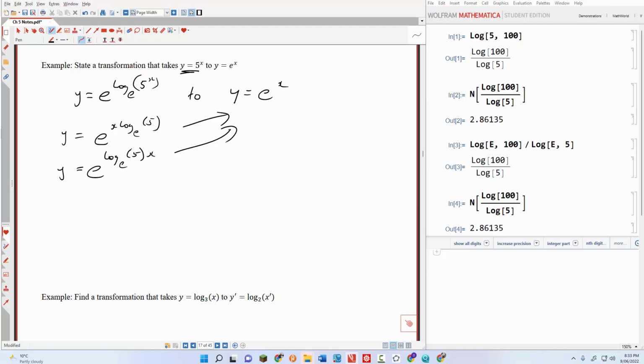Alright, now why did I do this? Well, what you can see is this function here, to get it to look like this, I'm just going to have to undo this dilation from the y-axis. So this thing here, I need to undo that.